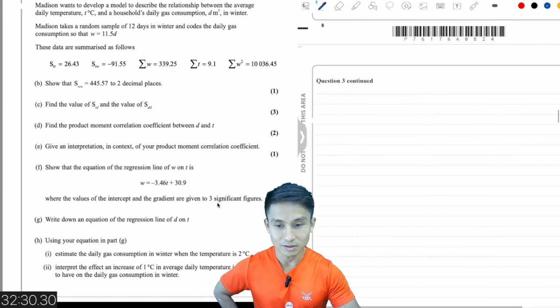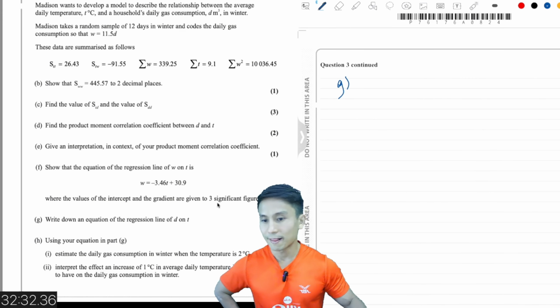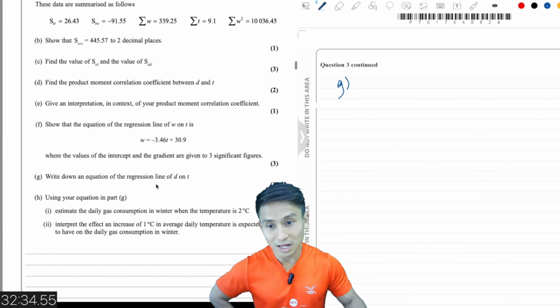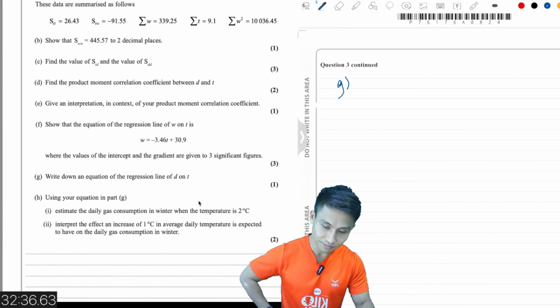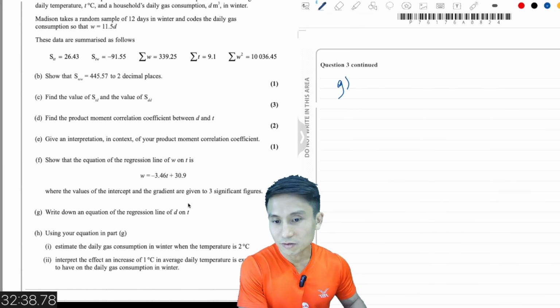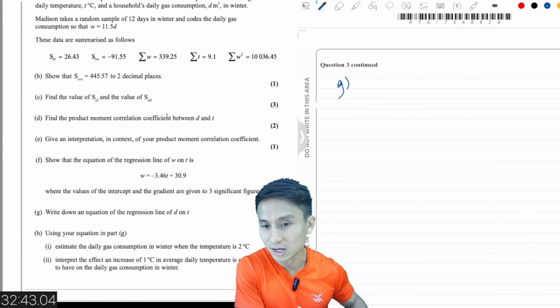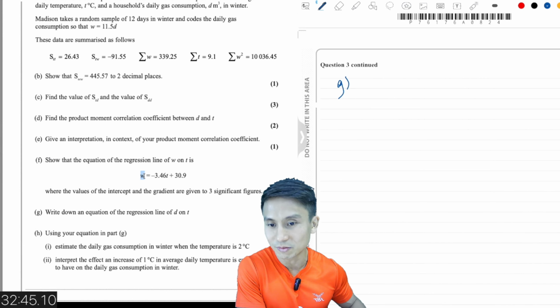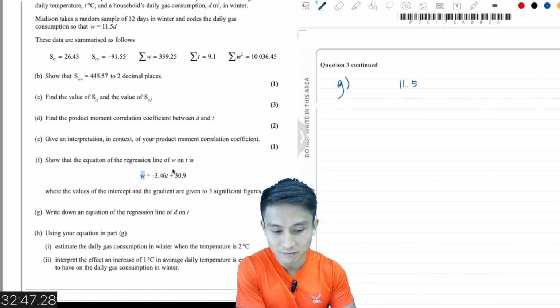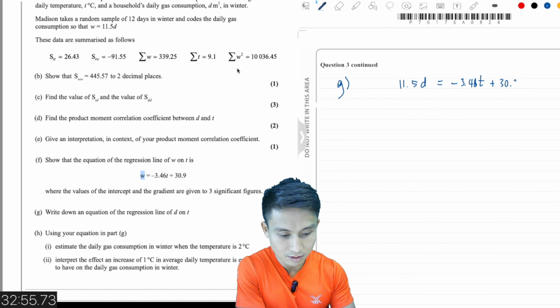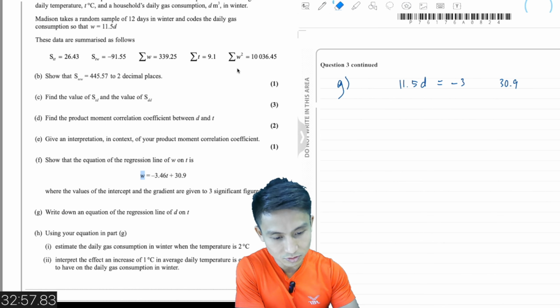Okay, part G. Write down the equation of the regression line of D on T. Because W is 11.5D, we're just going to plug 11.5D in for the W there, and everything else is the same. That's the trick there, usually.